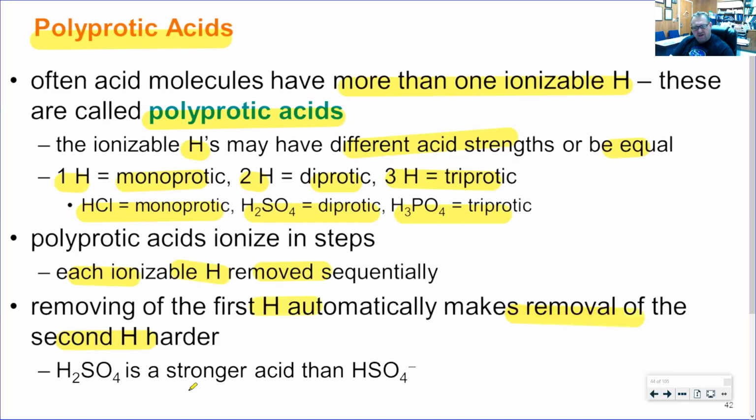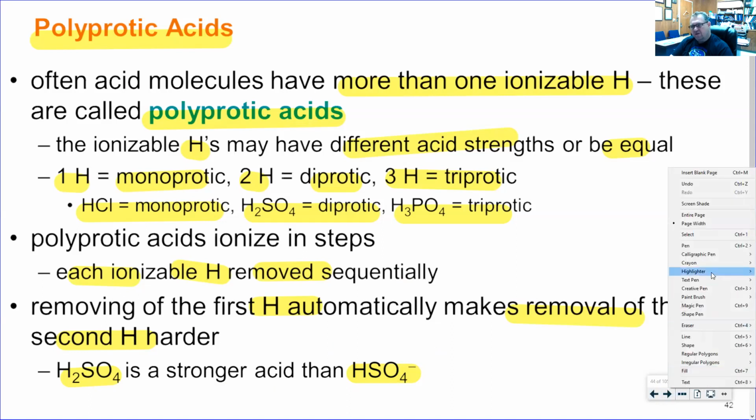So if we look at sulfuric acid, H2SO4, it's a stronger acid than bisulfate after it's lost the first proton. So the loss of the first proton is a strong acid, but the loss of the second proton is a weak acid. Now, sometimes if you have sequential losses, the differences are very substantial.